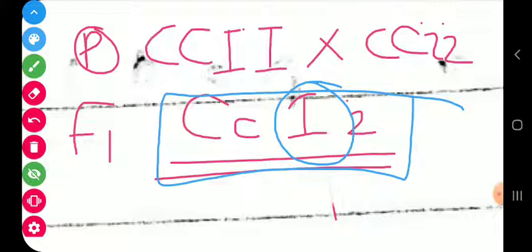The surprising thing is that this dominant allele I of the epistatic gene suppresses the expression of the capital C allele. So this fellow is disturbing us. It's suppressing pigmentation, so this organism as a whole is white in color.